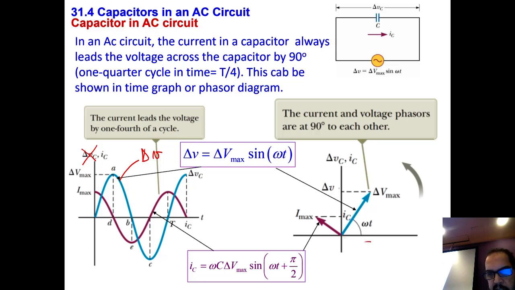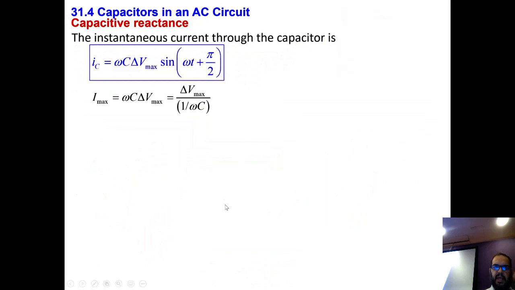Now it's different. So this is now the phasor diagram. You can see that there is a difference of pi over 2. But as this is rotating with an angular frequency omega, this one is also rotating. The current is always leading the voltage source by pi over 2 or 90 degrees.